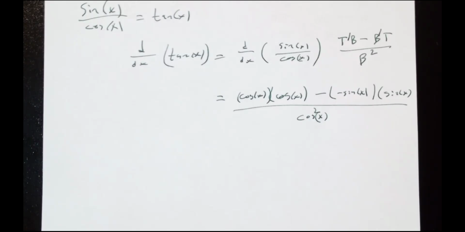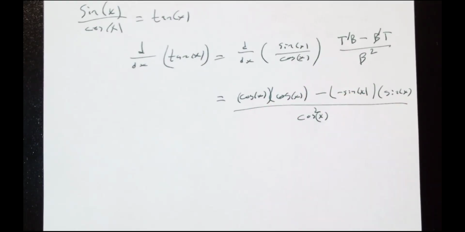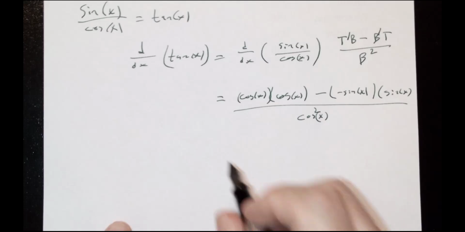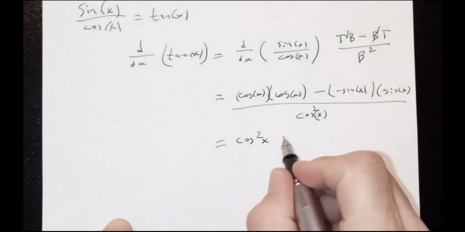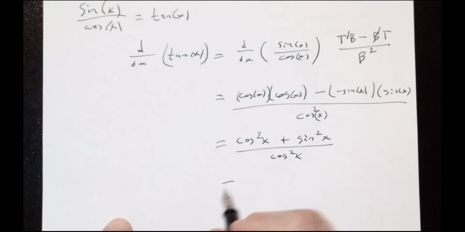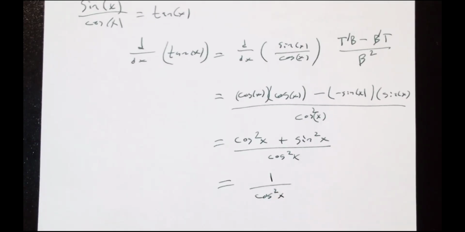That's 1. Because that's cosine squared plus sine squared. And we just remembered that was equal to 1. I cannot cancel the cosine on top with the cosine on bottom because there's the addition.